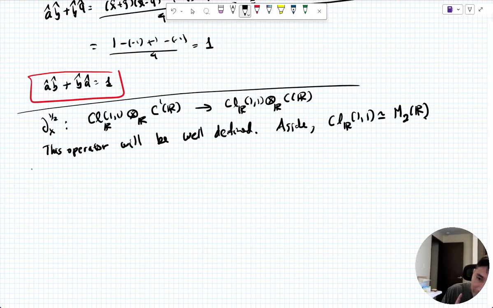Now we're going to define the square root operator of the derivative operator, right? So this is the definition, to be a tensor the identity on this, plus b tensor the derivative operator on this, basically, right?